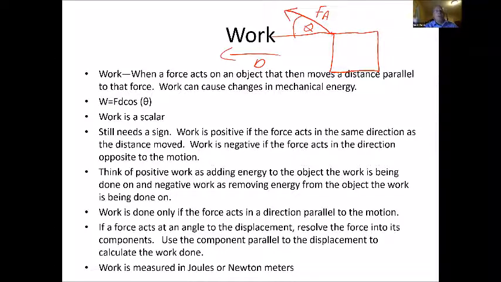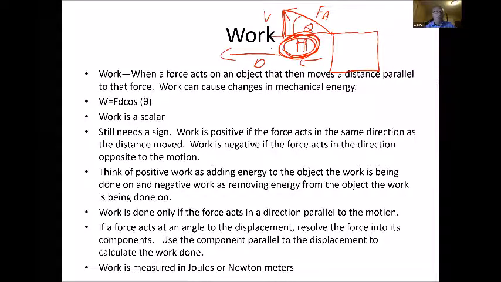Now you could also do it by taking this force and resolving it into components. So you could break it down into a vertical component and a horizontal component. And in this case, since the box is moving horizontally, the component that matters and the only component doing the work is that horizontal component.